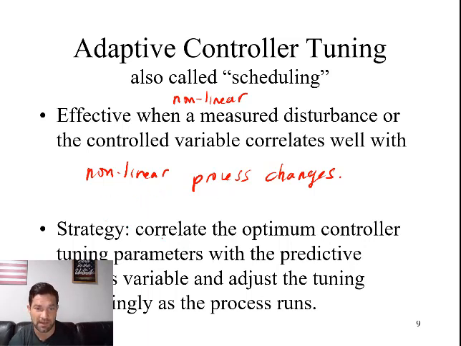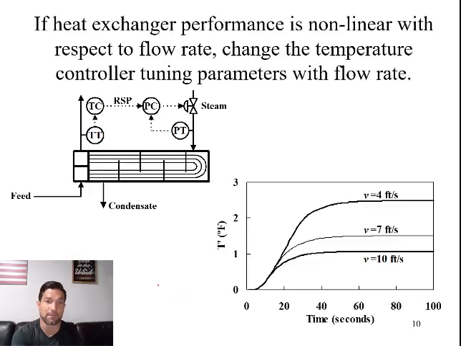So the strategy, like I said, is to correlate the optimal controller tuning parameters, so we'll have a different set of controller tuning parameters with a predictive process variable. We'll discuss what that means on the next slide.